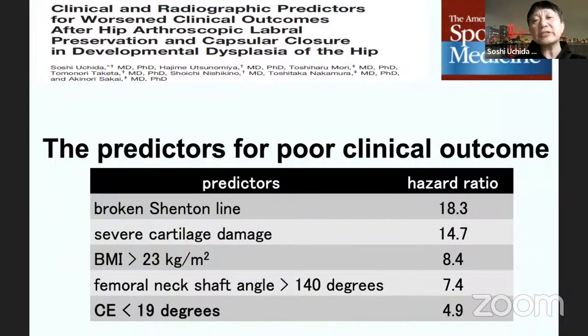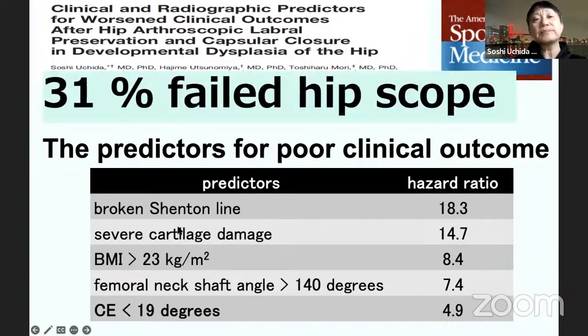We found that predictors for poor clinical outcomes are a broken Shenton line, severe cartilage damage, BMI greater than 23, femoral neck shaft angle greater than 140 degrees, and lateral center edge angle less than 19 degrees. Those patients have predictors for worsened clinical outcome.